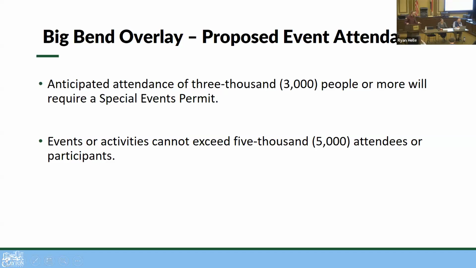But it is important to understand that we didn't approach them and say, hey, we'd like to do some sort of overlay. This was, we'd like to put these athletic uses here and we'd like to start applying for conditional use permits. And we said, hold on, there's a better way. This is how institutions are regulated throughout the country.